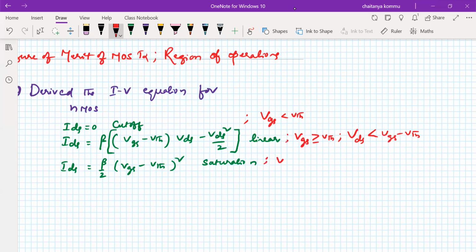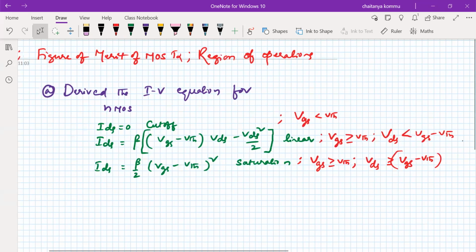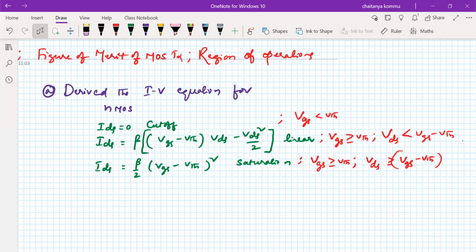And in saturation, this condition must hold good, and VDS is greater than or equal to VGS minus VTH. So you can expect that a constant current can be observed. We are using the long channel approximation. In that situation we don't find any kind of short channel effects.